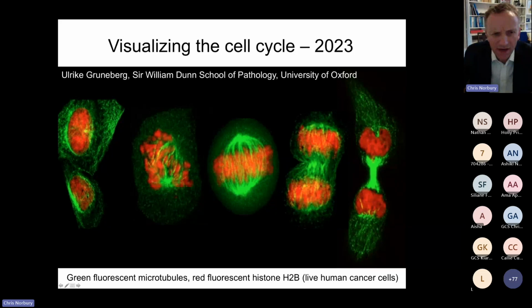And so what you see here is a series of images from left to right, going from what we call interphase, the part of the cell cycle that is not mitosis, and then in the second image, the cell is entering prophase of mitosis, and you can see individualized chromosomes in red starting to appear. And then in metaphase of mitosis, those condensed individualized chromosomes are aligning at the metaphase plate in the middle of the cell.